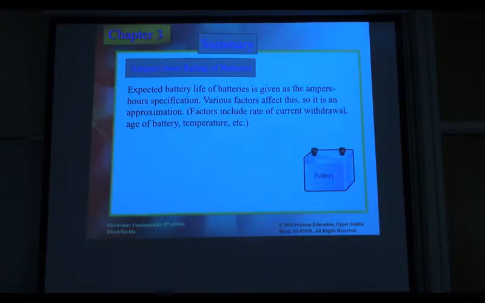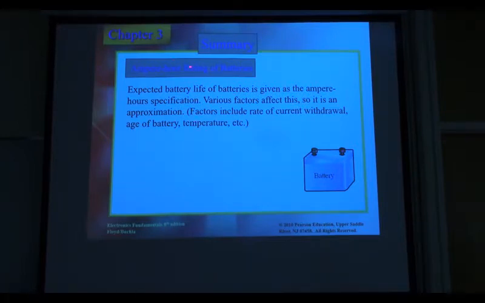So 100 AH divided by 2 A gives you 50 hours. So you can use that battery for 50 hours. If you use a smaller current, you can use it for 100 hours. So that is the capacity.